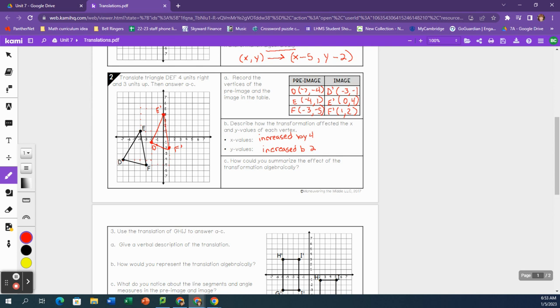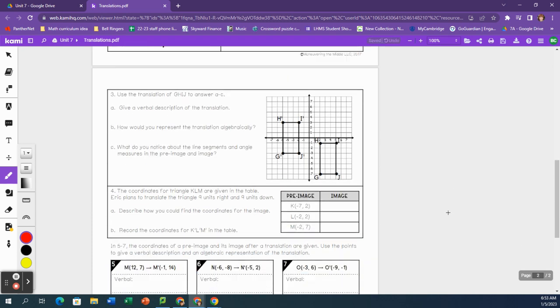So to write this algebraically, my x and my y now are, let me put an arrow there, x plus 4 and y plus 2. That makes sense, right?